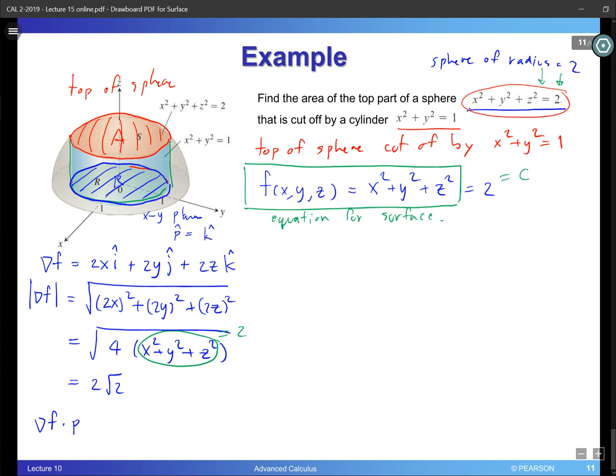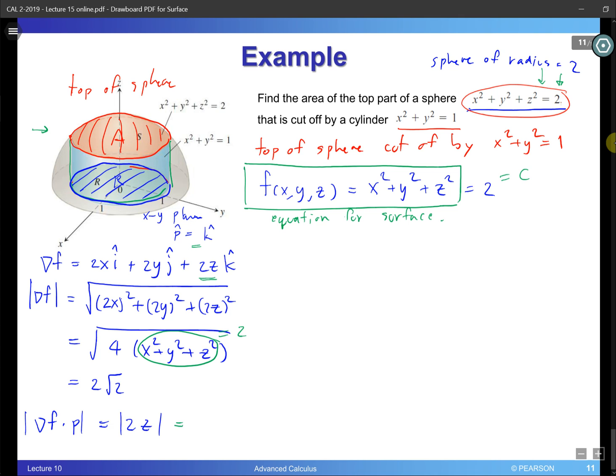So gradient f dot p is going to be this dot with vector p, and it comes out to be equal to 2z. And we want the absolute value. So the absolute value of 2z, and when you look at the graph up here, z is always positive, so you don't have to worry about this absolute sign.